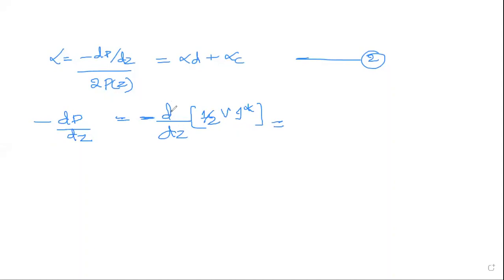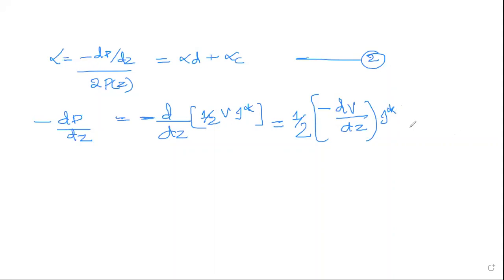Now this is differentiation. Differentiate each term with respect to V and I. Suppose first term, if I write, it is half into minus d by dz, V first differentiation, so it is dV divided by dz into the next term, that is I complex conjugate.